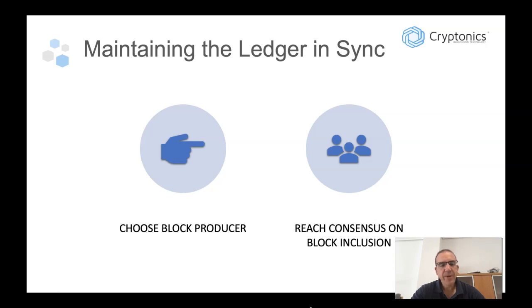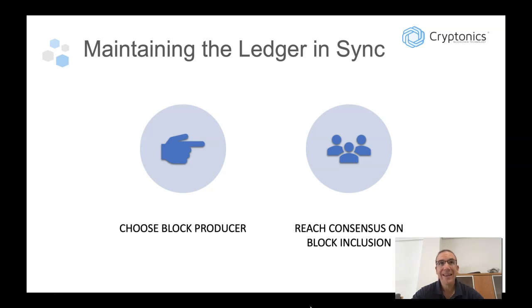So the next step is that we have to maintain this ledger in sync, and that's really what we often talk about as Bitcoin mining, or as proof of work, or proof of stake, consensus. But basically there's two very important steps in this. Now, first we have to choose fairly a block producer to produce the next block.